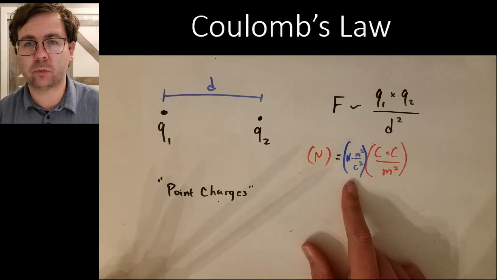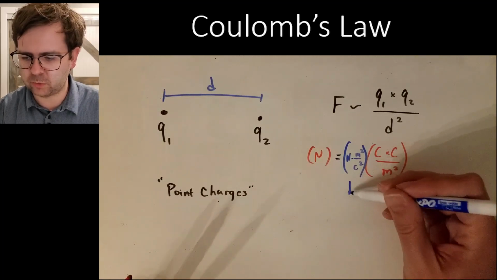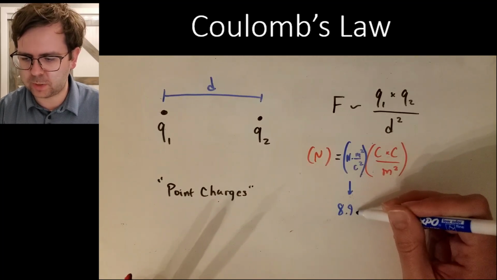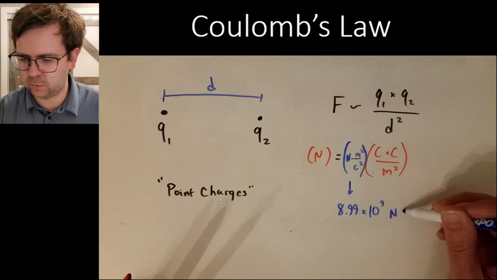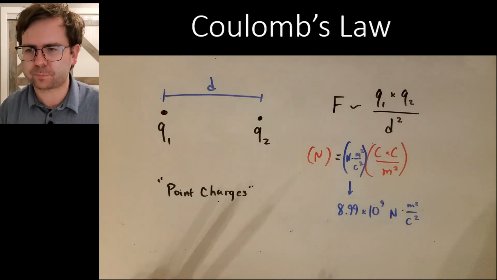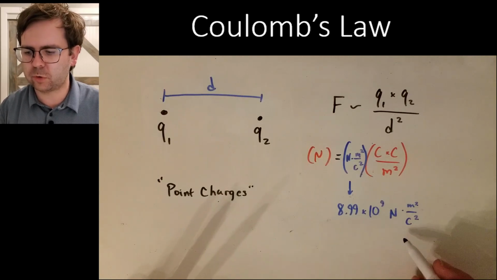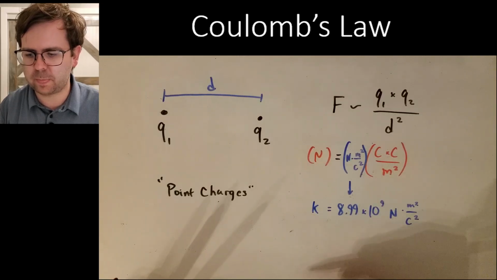So what is this conversion factor? How much is it? This conversion factor is 8.99 times 10 to the 9 newtons times meters squared over coulombs squared. And this conversion factor we represent with the lowercase k.